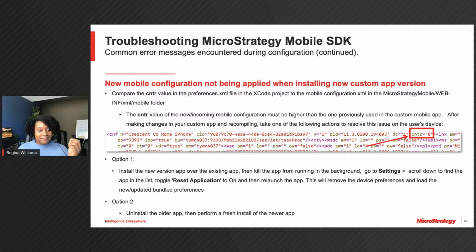So even if I have my update existing preferences set to true, it will still depend on the value of this counter variable. So that's one thing to look for. So if you just want to make sure, compare that counter variable has been updated when you're updating the app with the new configuration, just to make sure it'll update correctly. All right, let's go to the next slide.